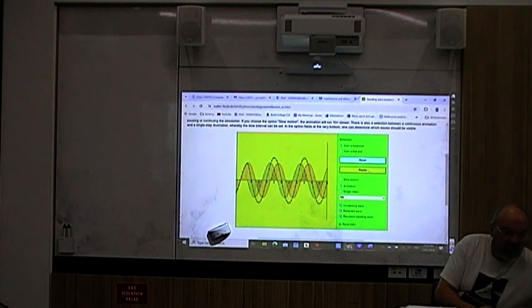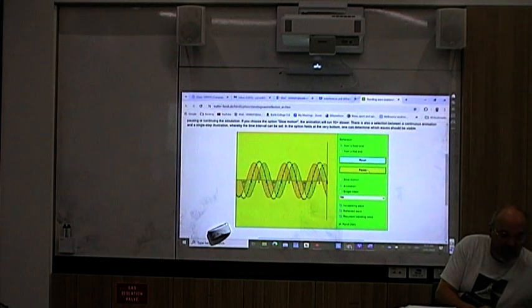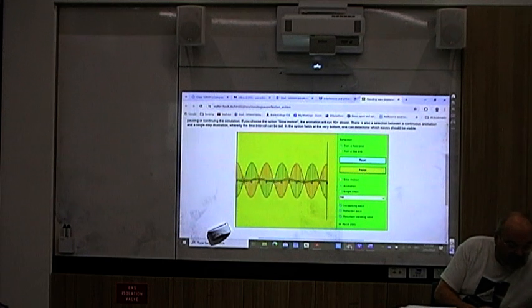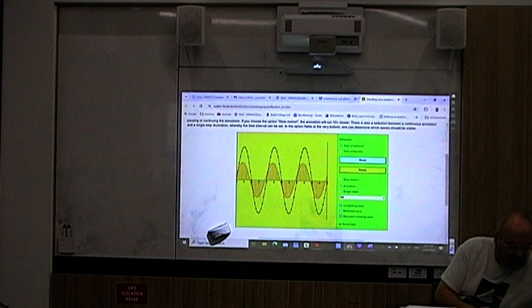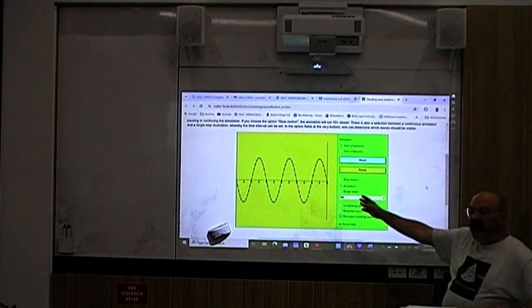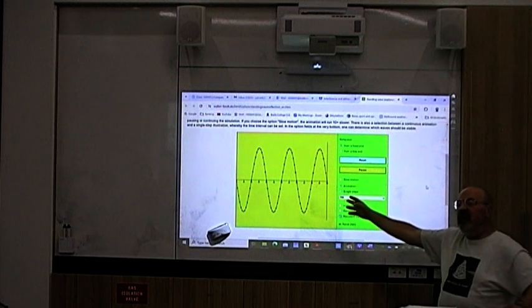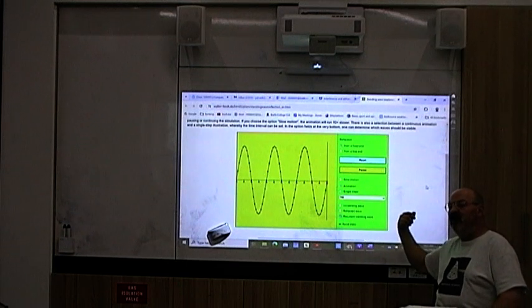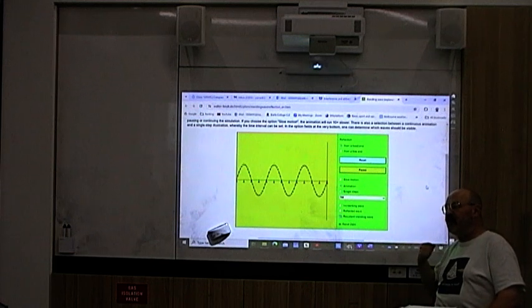In fact, we will not see all those waves, one coming and one reflected. What we will see is only this. In fact, there are two waves: one moving from left to right, another moving from right to left, the reflected wave.